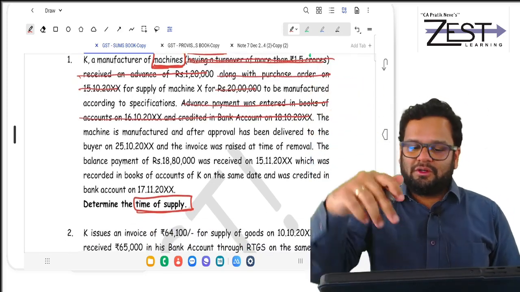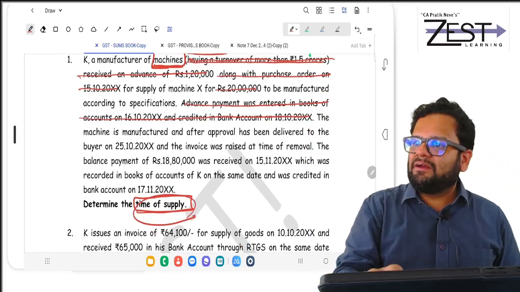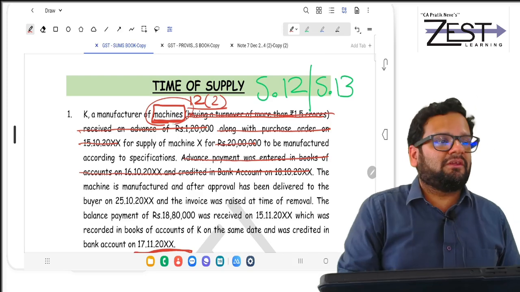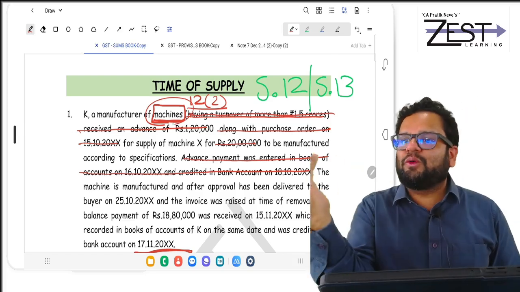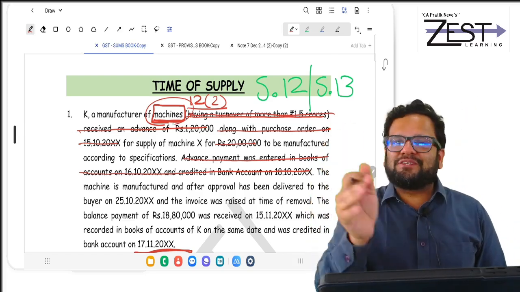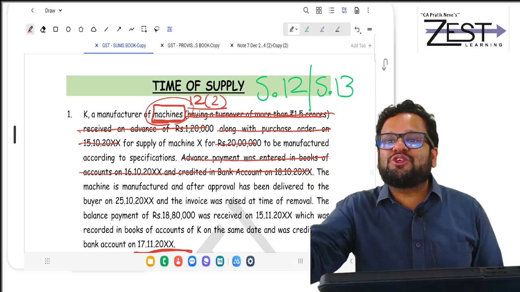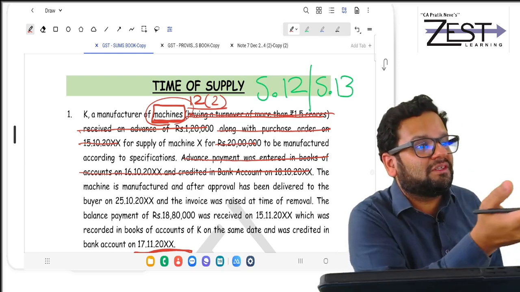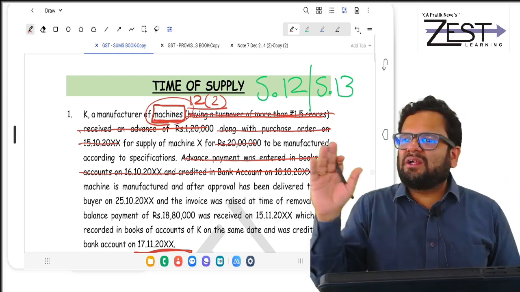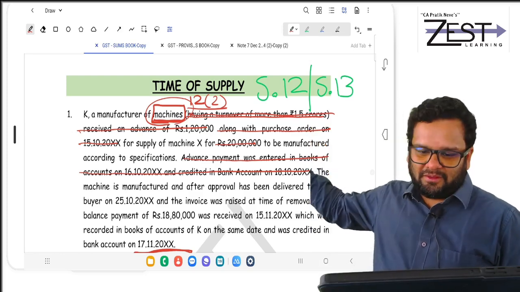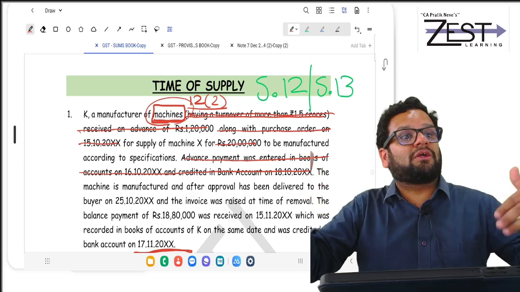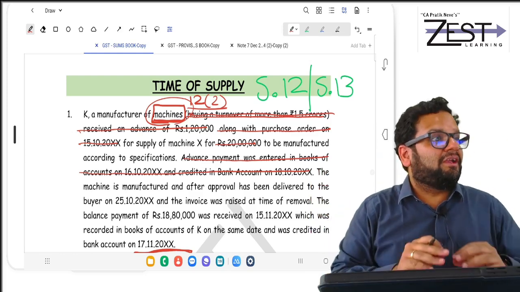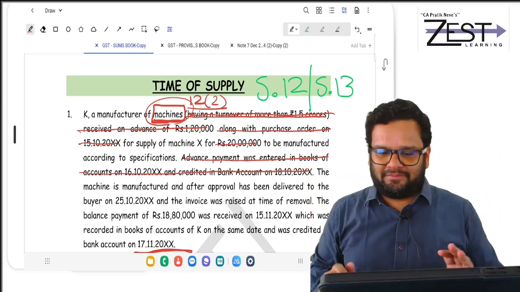Now, if you know that you have to find time of supply, and that it is for a machine, then you know you have to go to 12(2), and you know the specific provision: date of issue of invoice or last date when invoice should have been issued, whichever is earlier. So I don't have to roam around the park, getting involved in the story of what happened. All elements become useless for me.